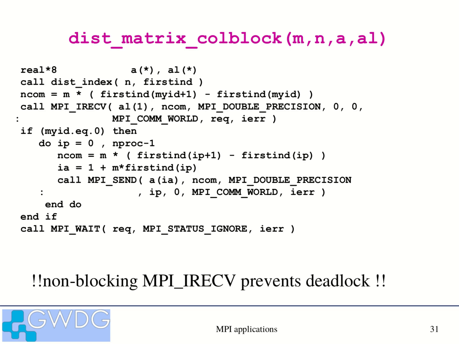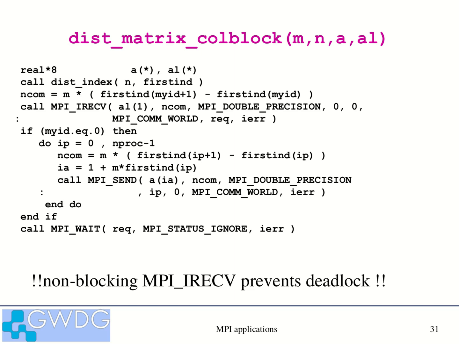So I use I receive, and then I have to call the wait for the communication to have completed with the request handle, which has been produced here in the I receive. So that's the way to distribute a matrix. One possibility.